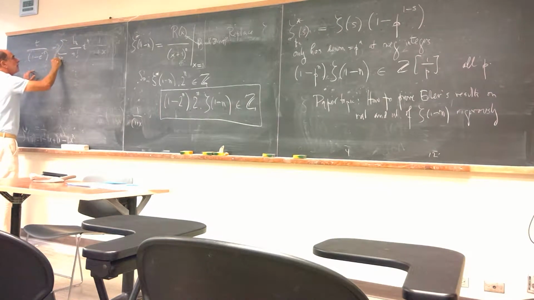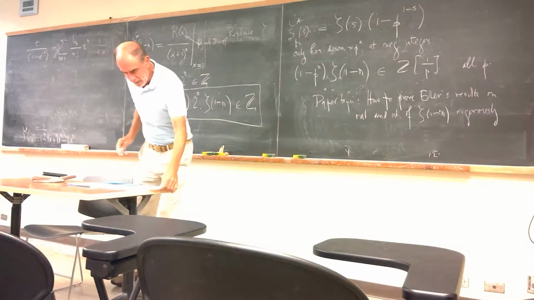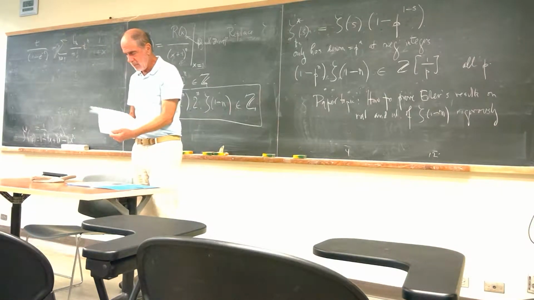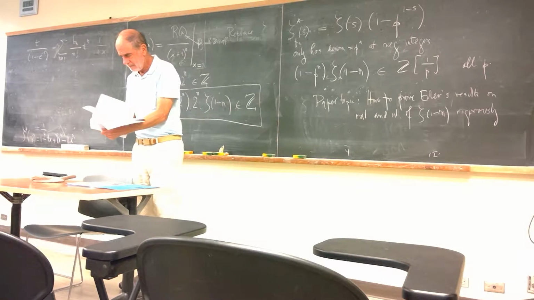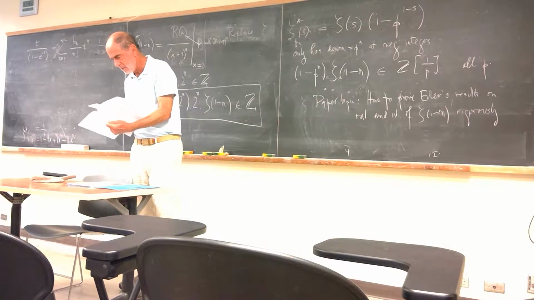So that just gives the generating function for the Bernoulli numbers, and I gave you a couple of tables of them. Let's see if I can find a table here somewhere. Here we must go here.